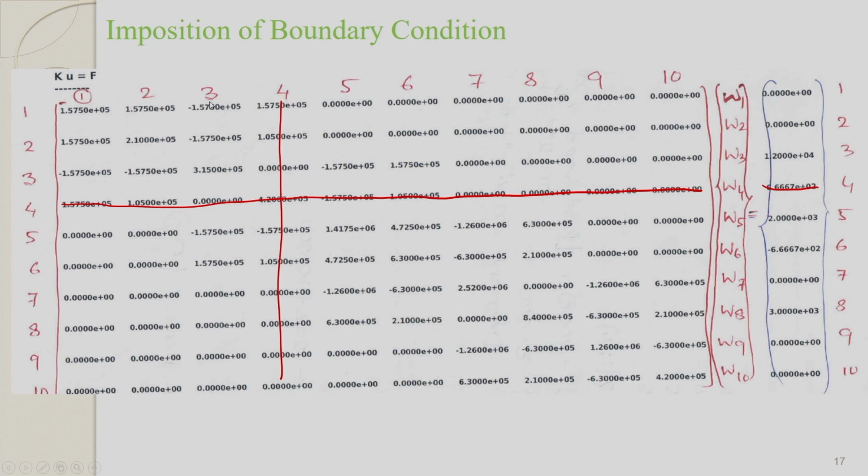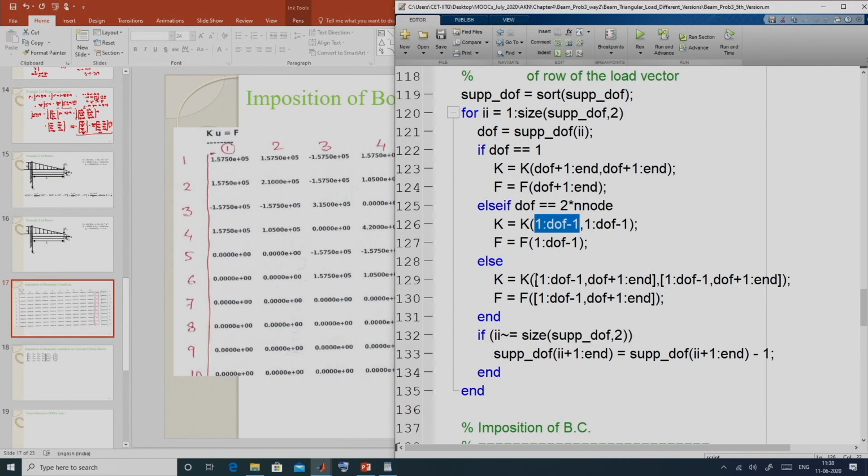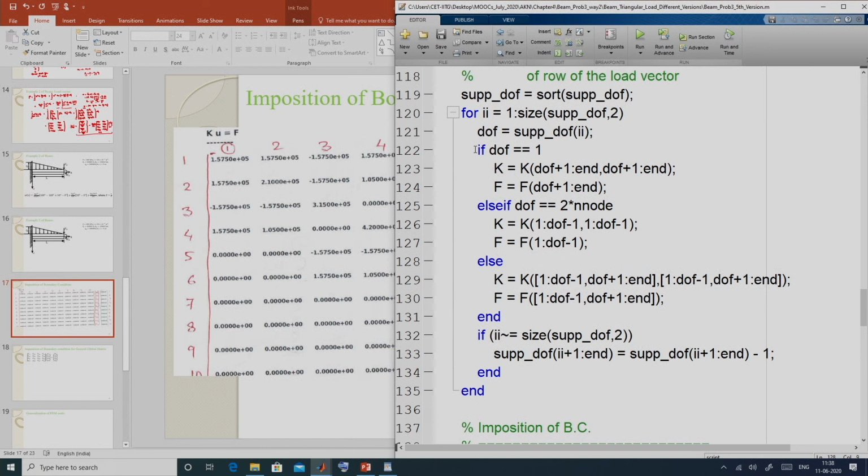So, 1 to DOF minus 1 and DOF plus 1, that is 5 to end. So, in that case we have to take 1 to DOF minus 1 and DOF plus 1 to end. So, these are the locations which will be assigned to our reduced K. Thus, if our suppressed degree of freedom is the first, the last, or any intermediate degree of freedom, we get reduced K and corresponding reduced F.